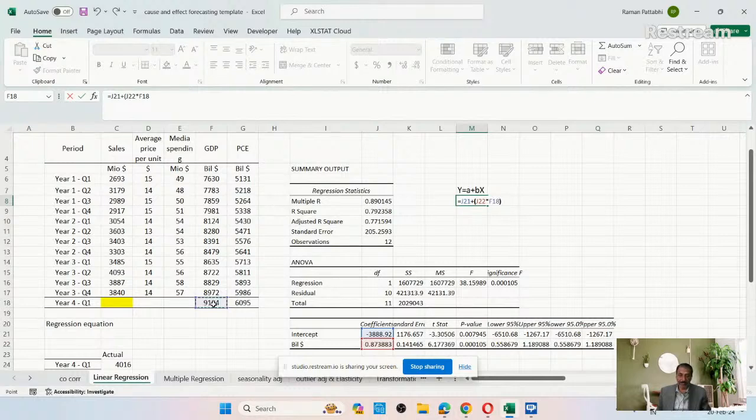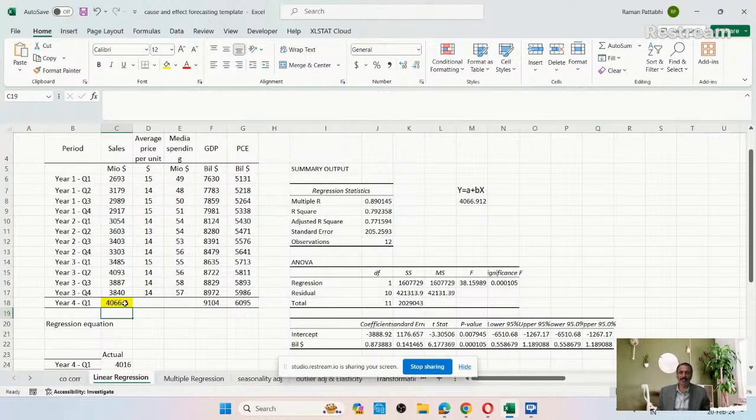So I am including that to arrive at the forecast for year 4 quarter 1. If I do that, I get this value, 4066.